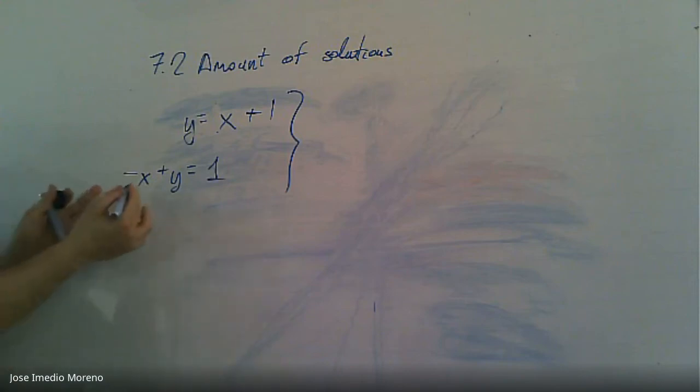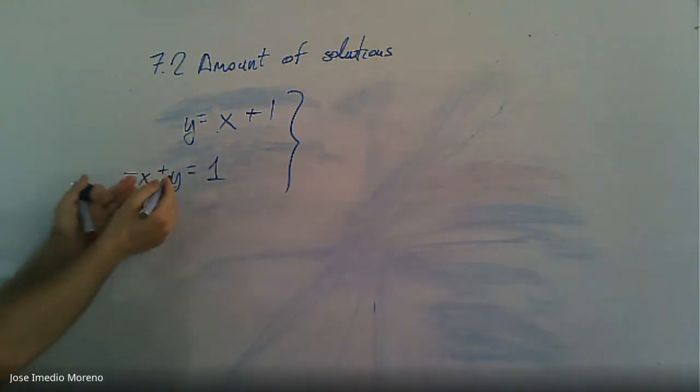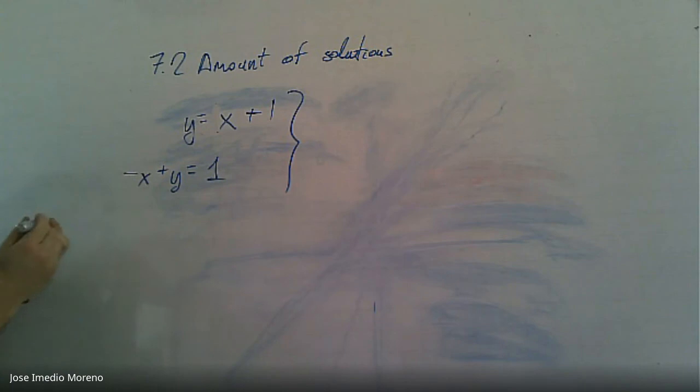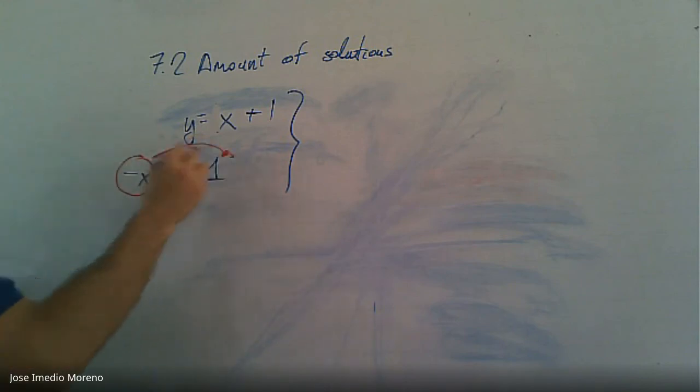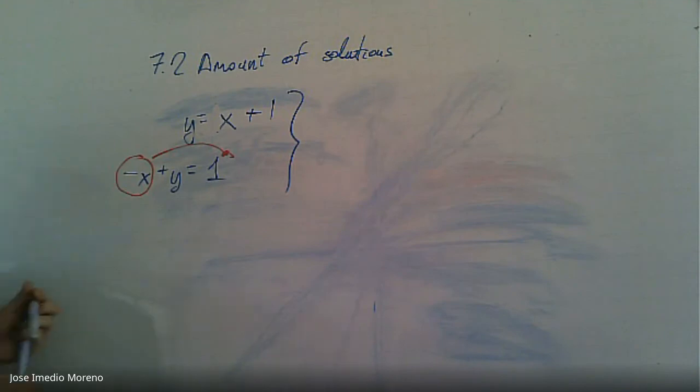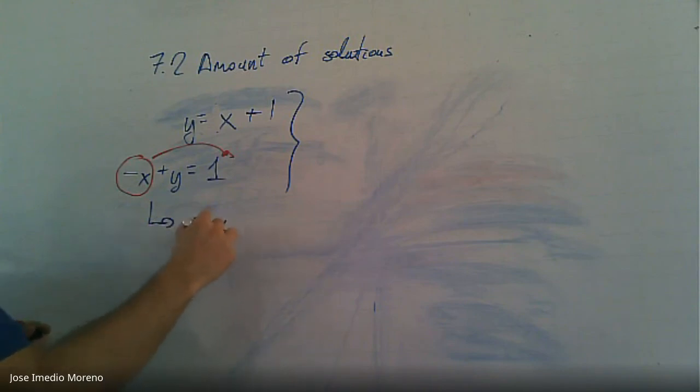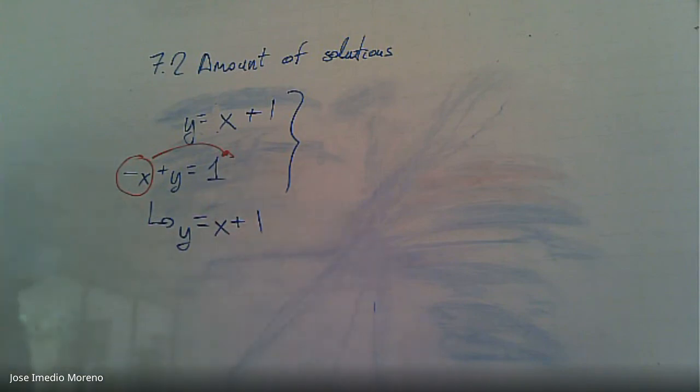But if I rewrite this, I isolate y, I take the x to the other side, so it becomes positive, and in the end, this second equation is also y equals x plus 1.